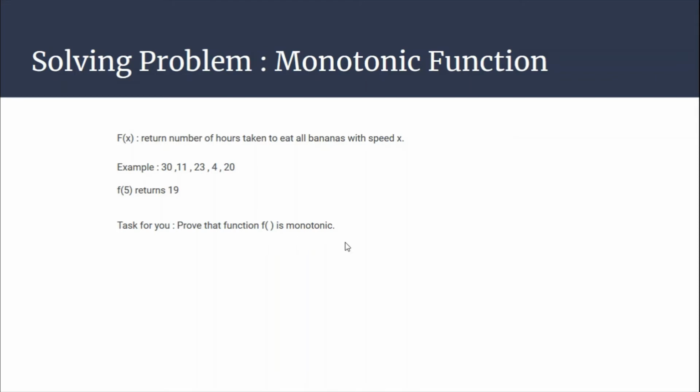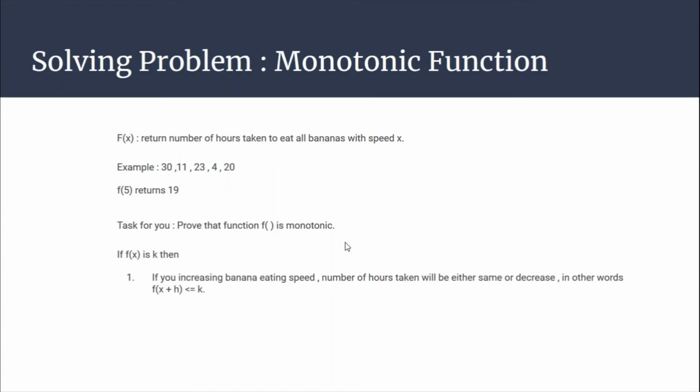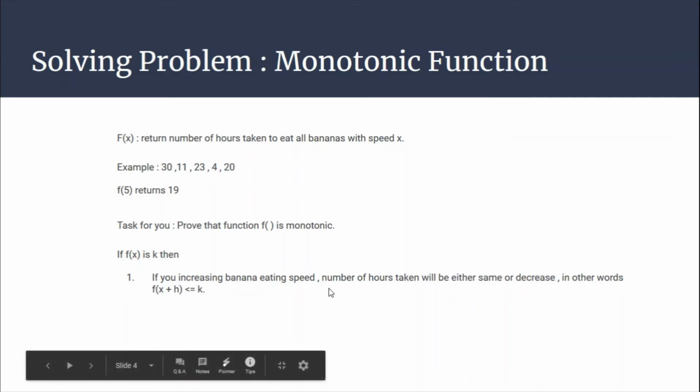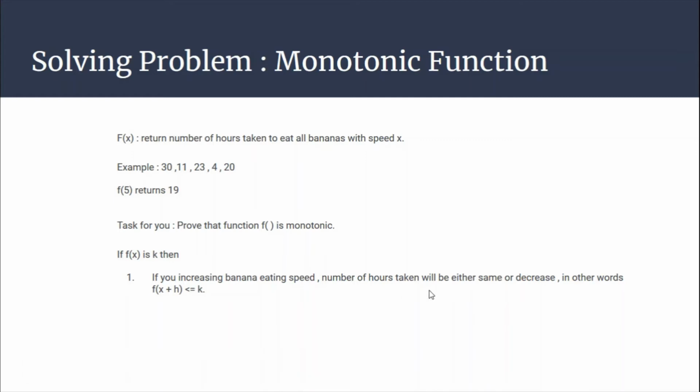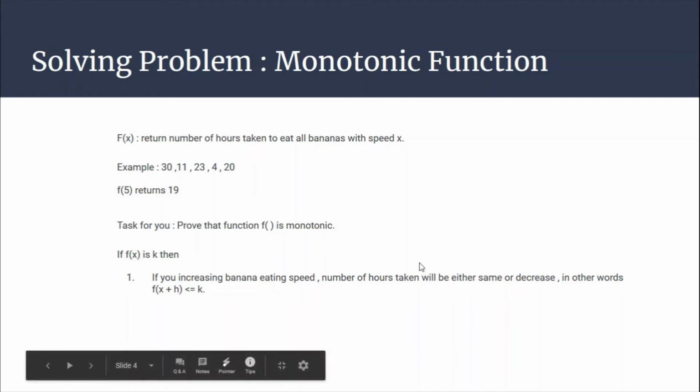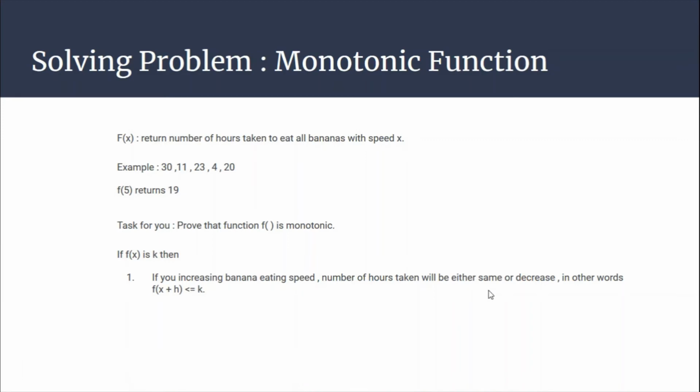And how can you prove this? Well, if f of x is equal to k, that means with speed x it takes k hours to completely eat all of the bananas. Now if you increase the banana eating speed, of course the number of hours taken to completely eat all of the bananas would be less than or equal to k.